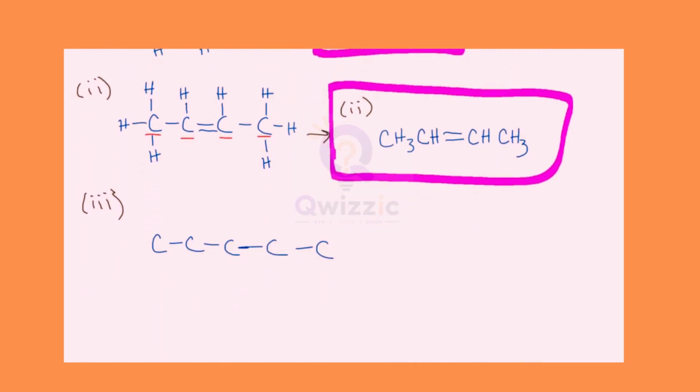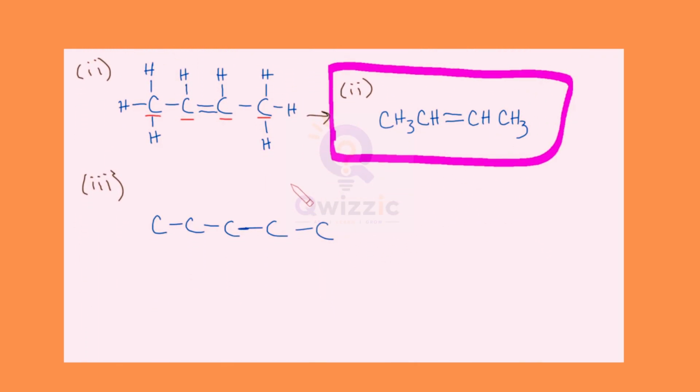So there are multiple structures we can do for this, right? Let's just make our triple bond the end between the first and second carbon. And then the rest will be single bonds.